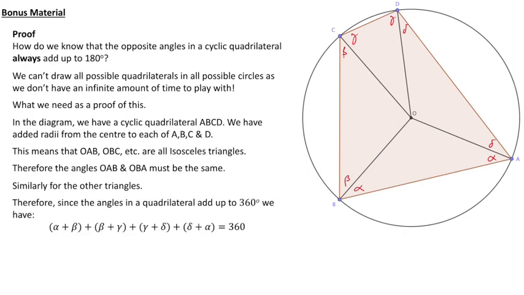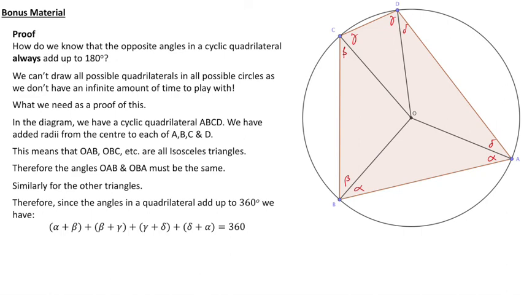Now, that means we can deduce that because the angles in a quadrilateral add up to 360, then if we take the angle at B, which is alpha plus beta, and then add on the angle at C, which is beta plus gamma, and so on, so gamma plus delta, delta plus alpha, they must add up to 360.